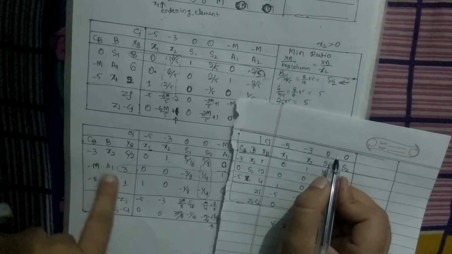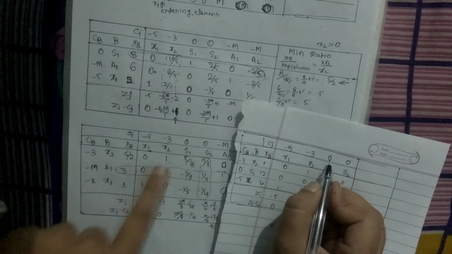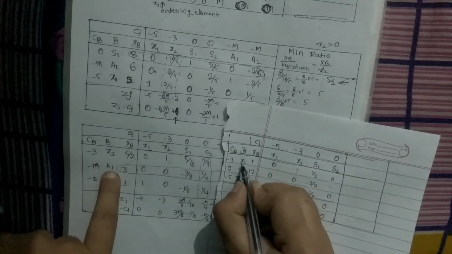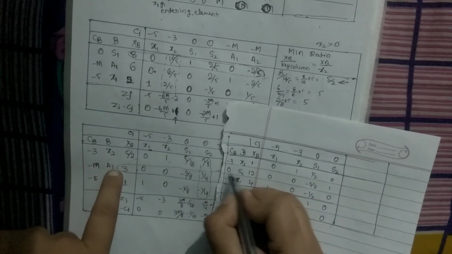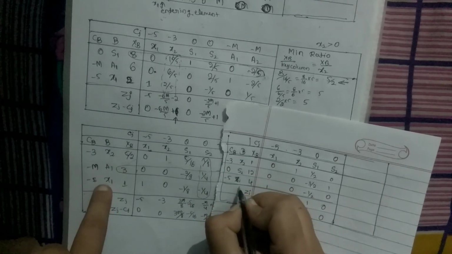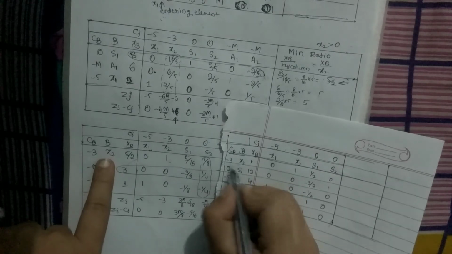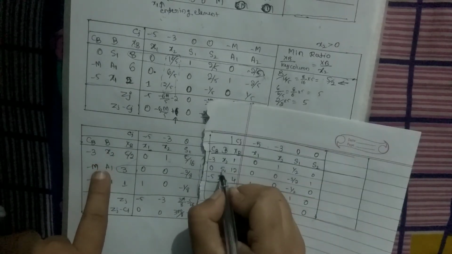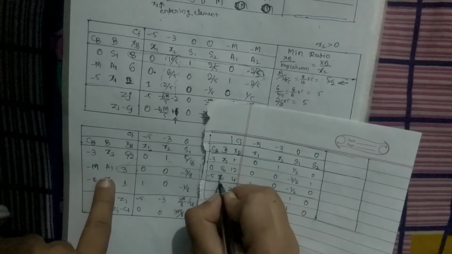Here a1 is the leaving element, so s2 comes to this place, that is x2 is the same and in a1's place s2, and s1, x1 is as it is. The coefficient of x2 is minus 3 and s2 is 0, x1 is minus 5.